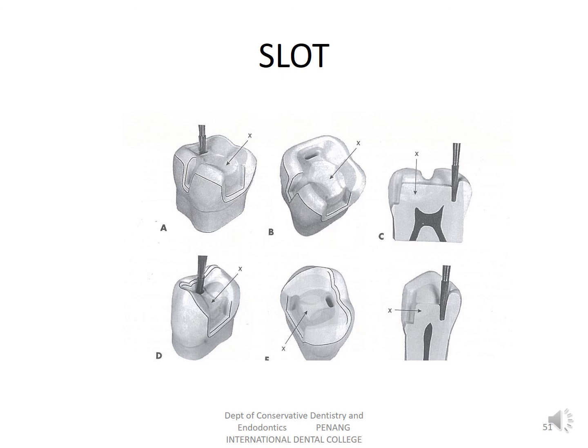A slot is usually placed with a 169L diamond. The depth of the slot is usually 2 millimeters and the width is 0.5 millimeters. You need to take care that the preparation of the slot is away from the pulpal horn to prevent perforation.